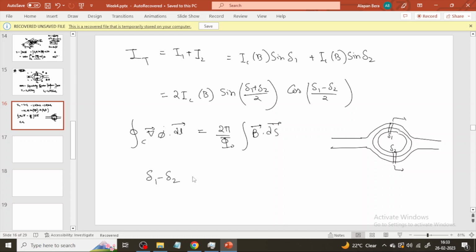So this term gives us delta 1 minus delta 2 equal to 2 pi by phi naught times phi, where phi is the flux flowing through this region. This is basically the magnetic flux through this loop. If the radius of this loop is r, phi is given as B times pi r squared.